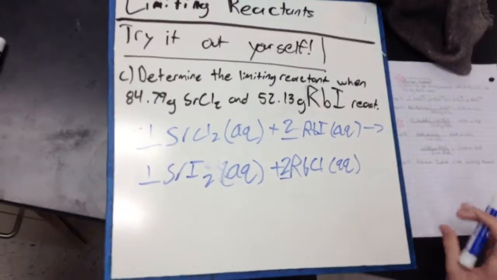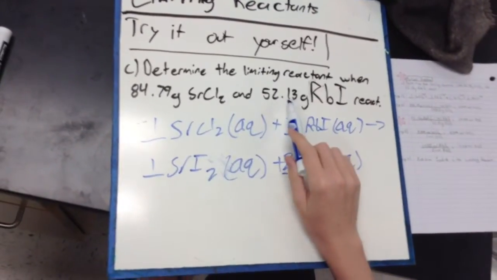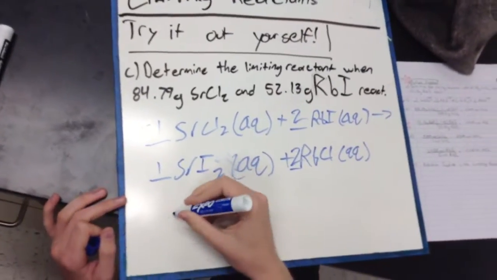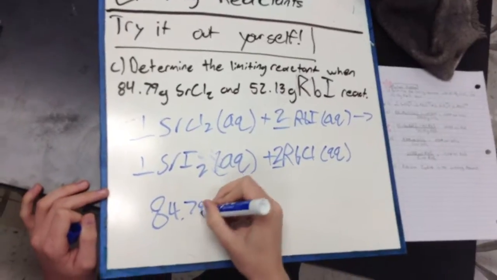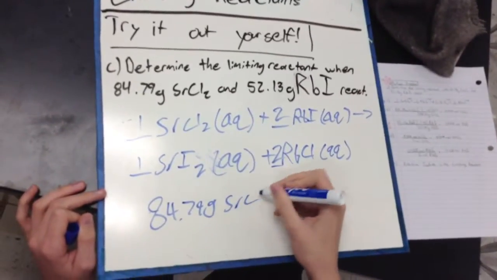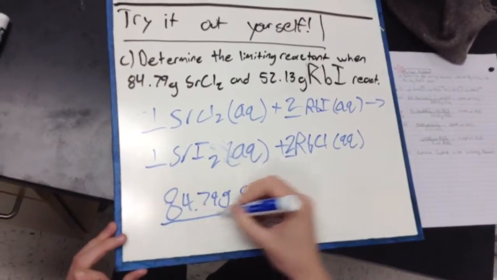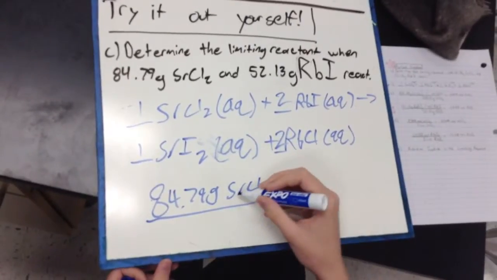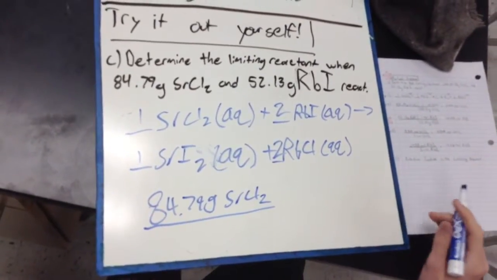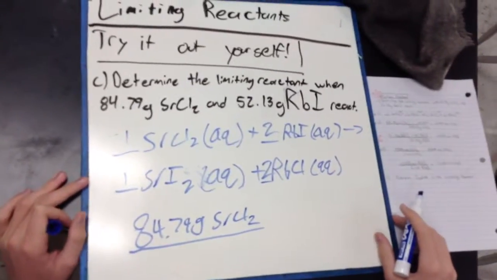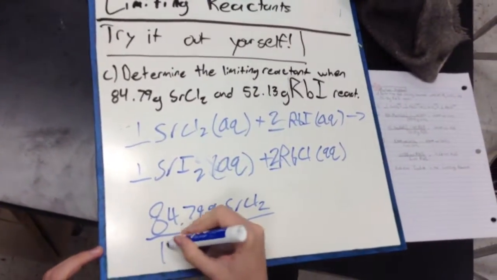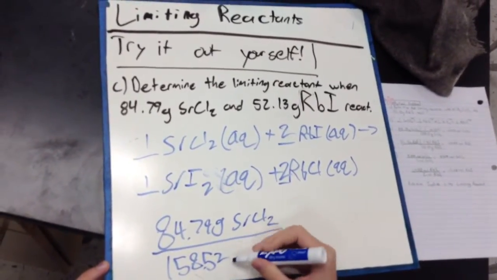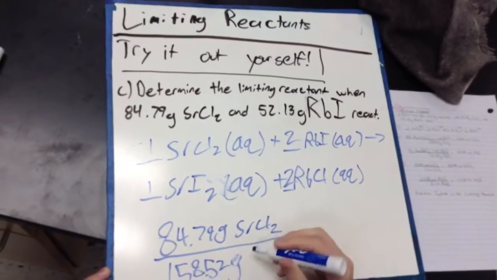So then what we have to do is convert our given gram values into moles of our reactants. So to do that, we have 84.79 grams of strontium chloride, and we divide that by its molar mass, which we can determine from the periodic table by adding all of the elements together, and we can determine that that is 158.52 grams of strontium chloride.